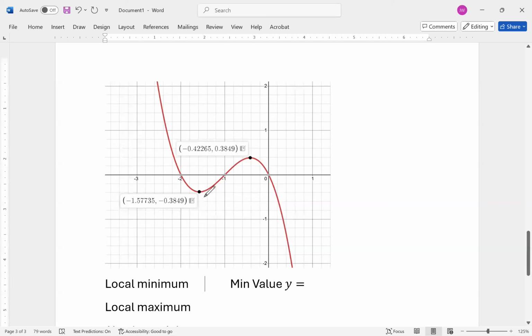Now, in this case, it's pretty easy to see that the point where we switch from decreasing to increasing is going to be a local minimum, because if I draw an open interval around that point, that is going to have a y value that's smaller than everything else.